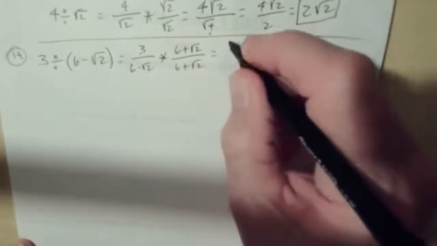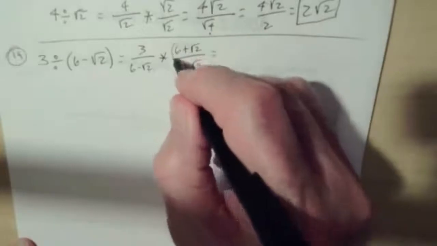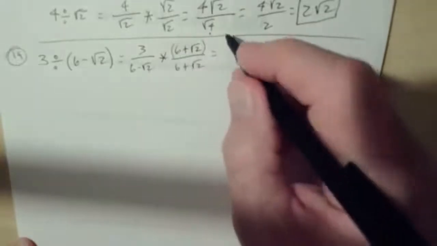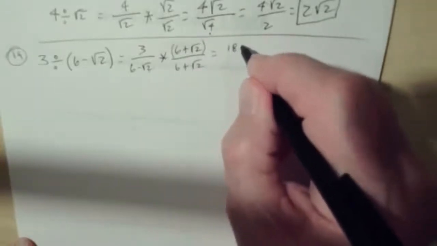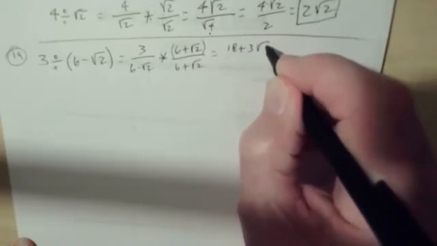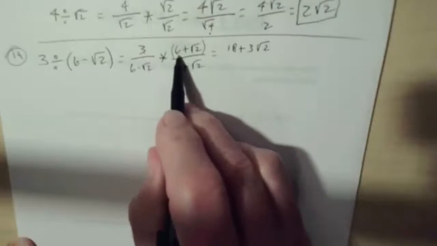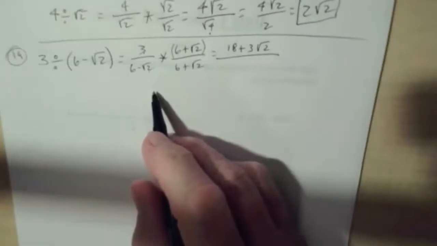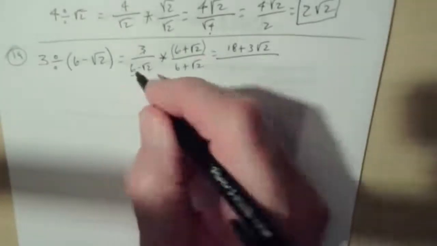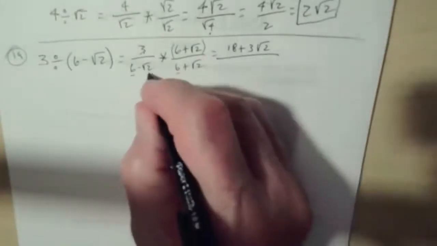And remember, this is in parentheses here. So this is going to be 18 plus 3 times the square root of 2. We're distributing the 3 over everything inside here. Over, now remember, when you multiply by the conjugate, all you really have to do is multiply the first numbers and the second numbers.